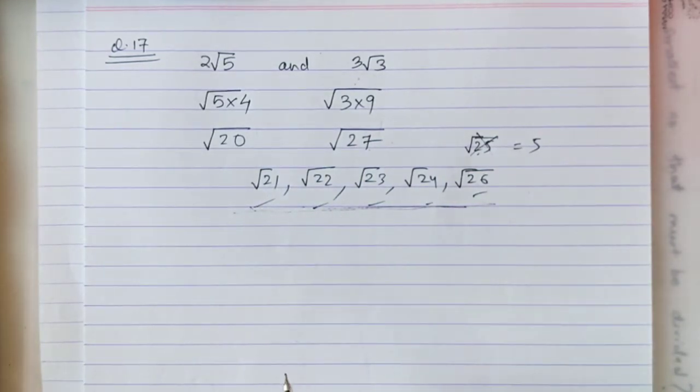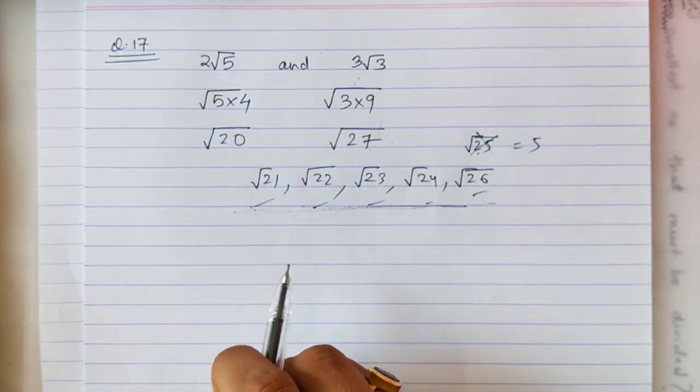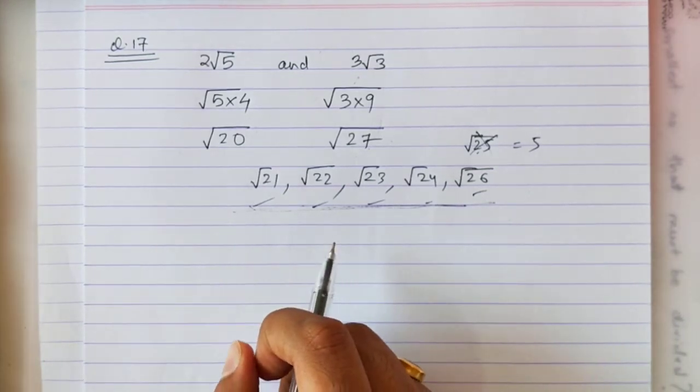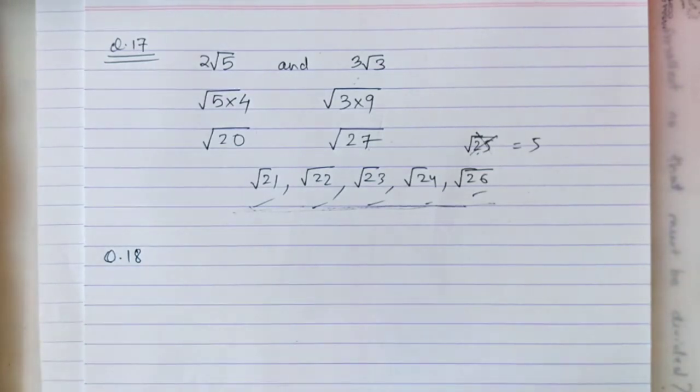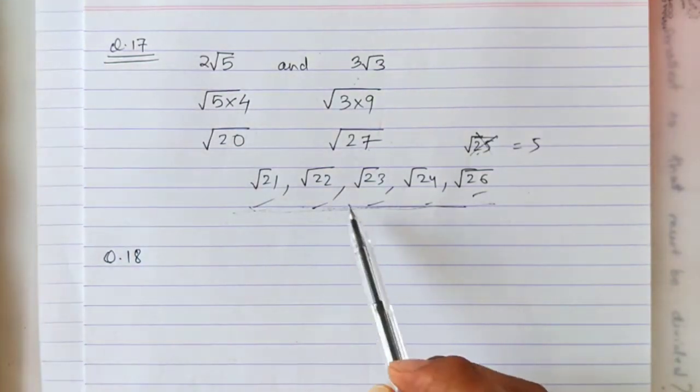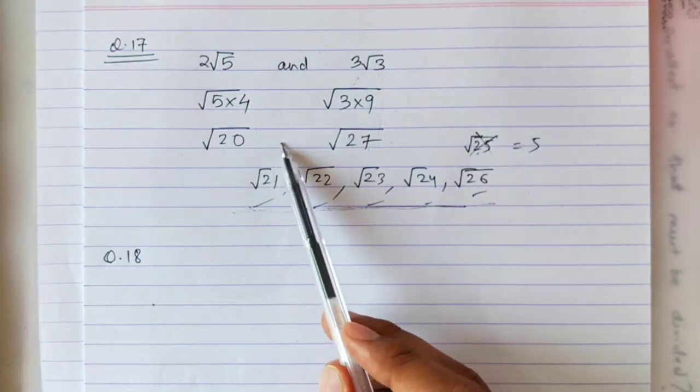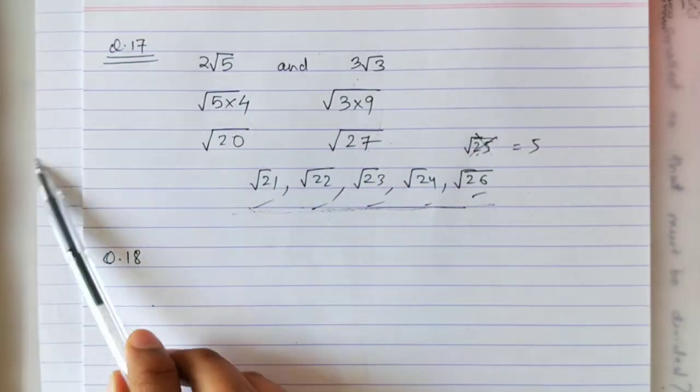I hope you have understood the two sums of how to insert irrational number. Okay. In the next two sums, we have how to insert rational numbers. That is more complex. This was easy. So first copy this.